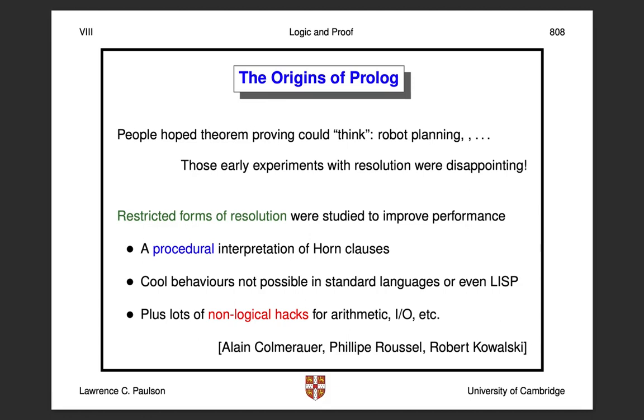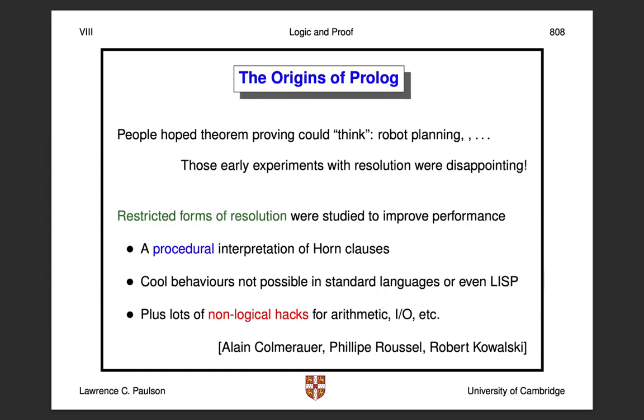So it turned out they were able to get this very restricted form of resolution to run in an interpreter that was still, in a formal sense, proving theorems, although fewer kinds of theorems were available because what you were allowed to write was restricted to these horn clauses.